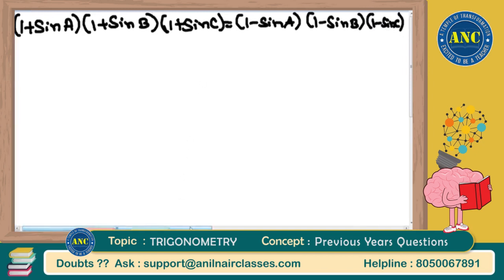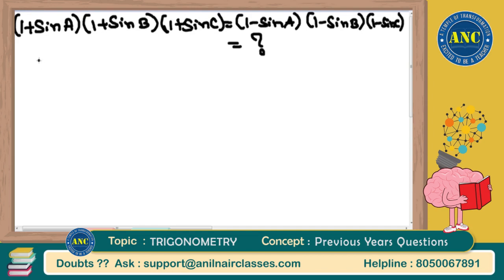What do you need to find in this question? You need to find this value itself. That means, what is the value of (1 plus sin A)(1 plus sin B)(1 plus sin C), or what is the value of (1 minus sin A)(1 minus sin B)(1 minus sin C). That value they are asking, and they have given that both of these are absolutely equal, right?